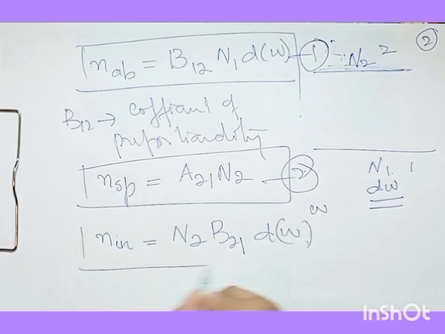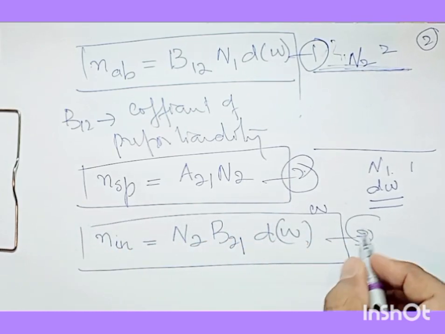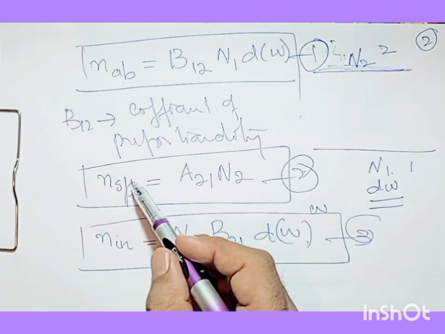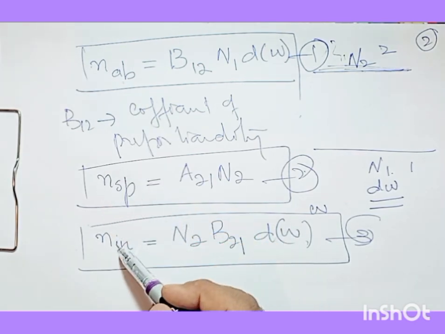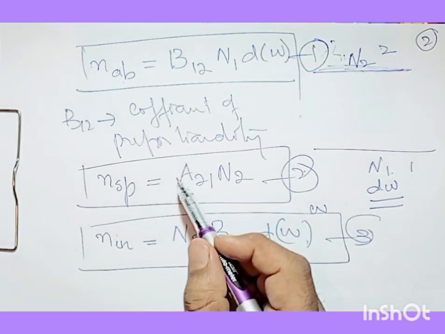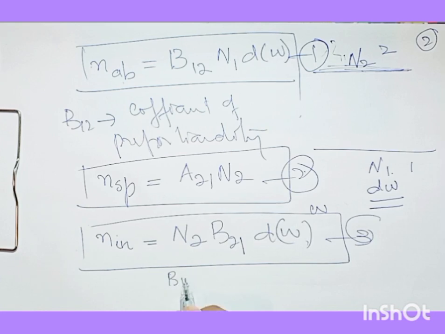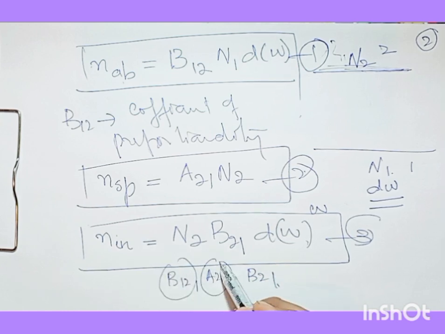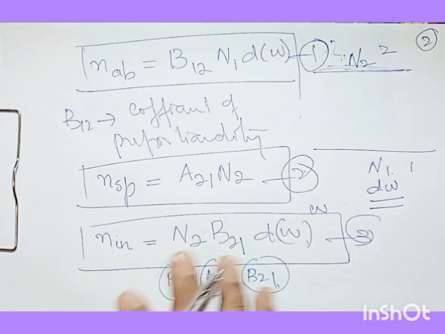So we have three kinds of things: the rate of absorption, the rate of spontaneous emission, and the rate of induced emission. The quantities B12, A21, and B21 are related to absorption, spontaneous emission, and stimulated or induced emission, respectively.